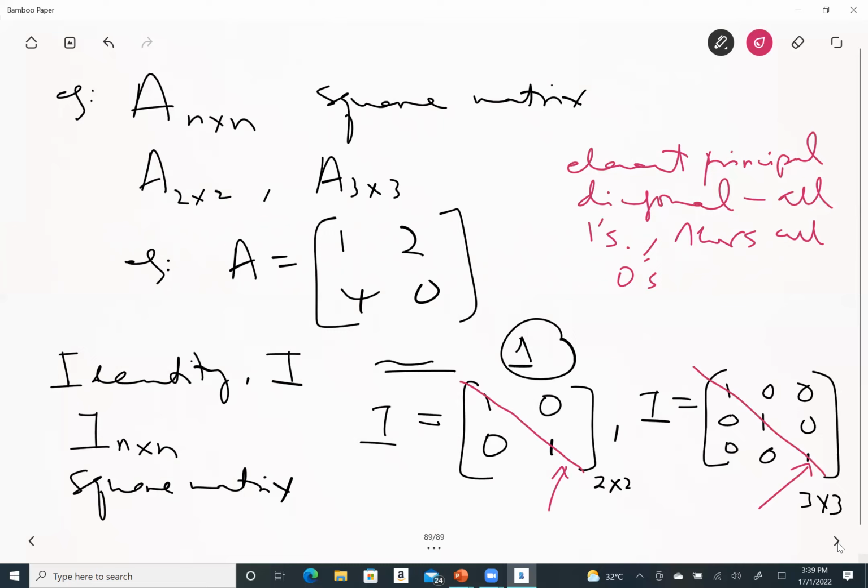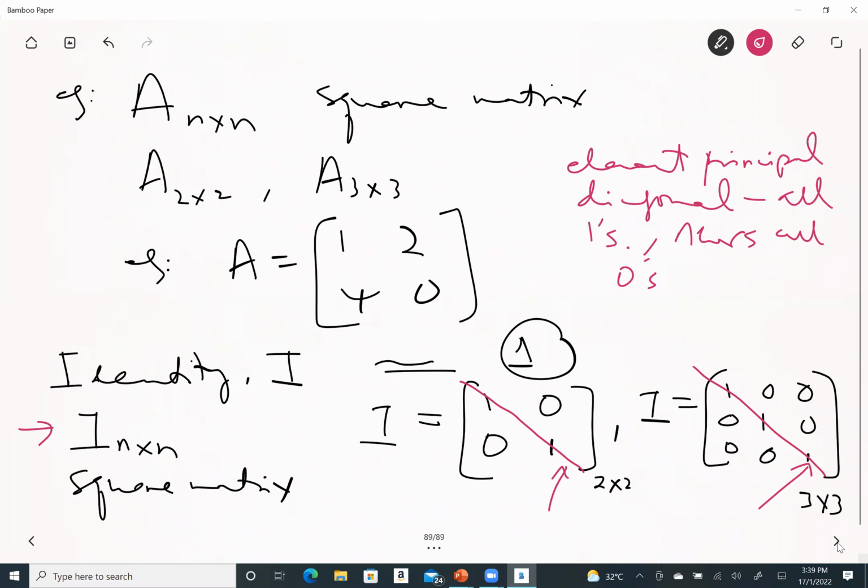So it can be 4 by 4 or n by n. So if n by n, then you write down the matrix such that the elements in the principal diagonal are all equal to 1. The others are all 0. So that is what we call identity matrix.